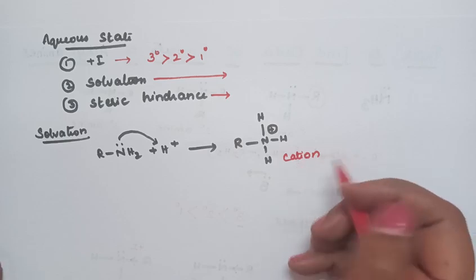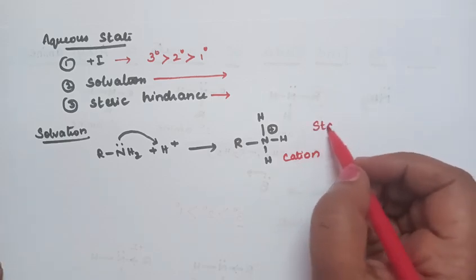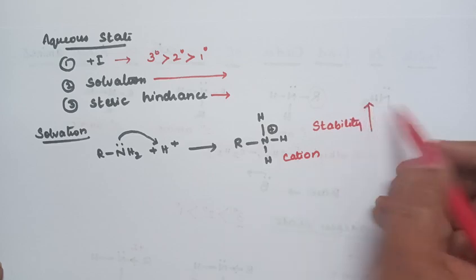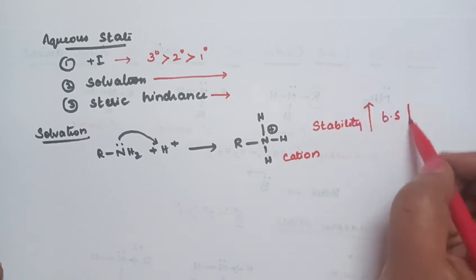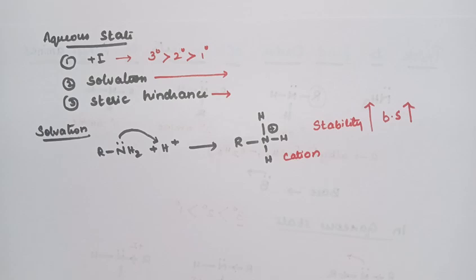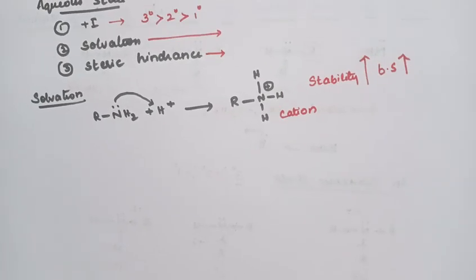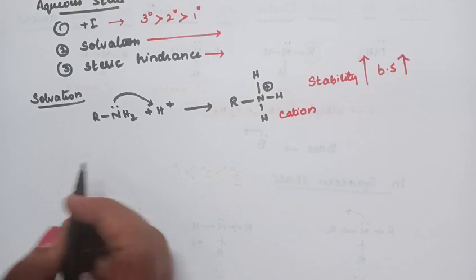So students, in a cation, if stability increases, then basic strength also will increase. So let us see. Let us take all the three amines.